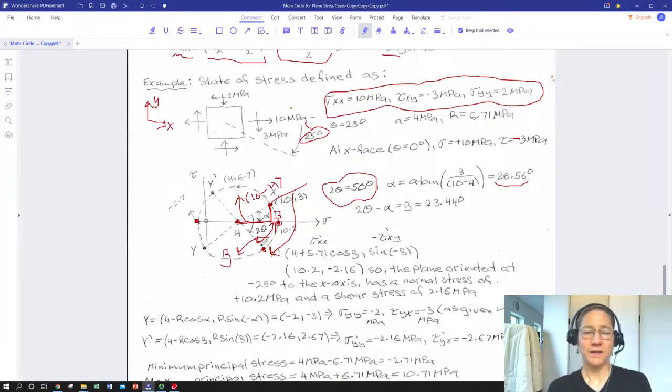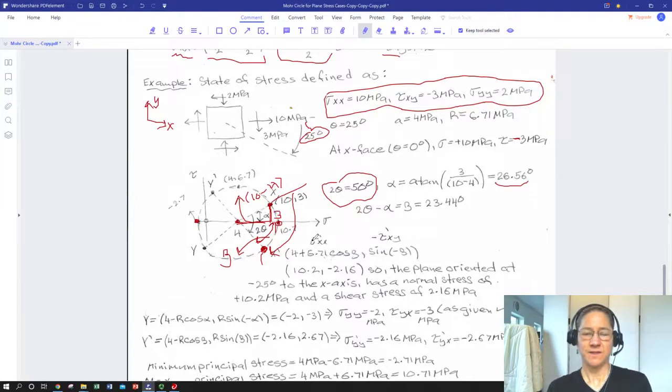Once we have beta, we can calculate the position of this point. So the normal stress coordinate of this point will just be your circle center, 4, plus cosine of beta times r.